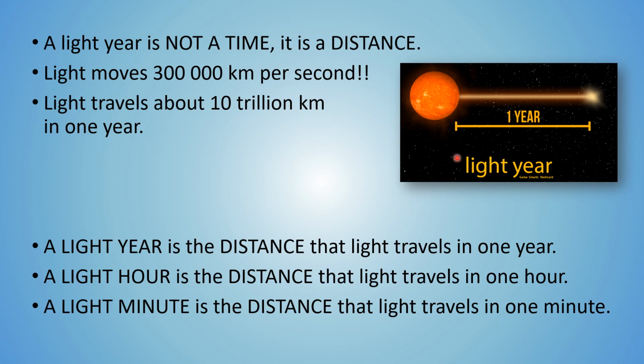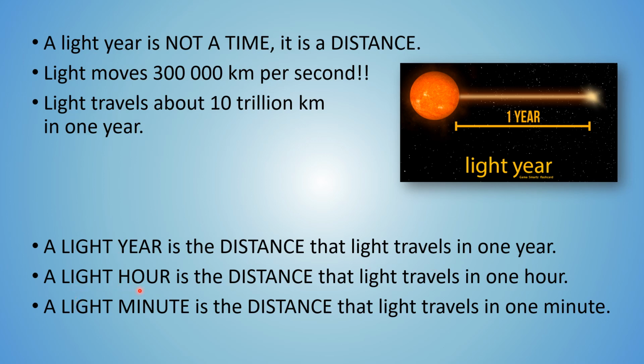That is a light year. But we don't like to work with the 10 trillion kilometers. We just call it a light year. So very important, a light year is the distance that light travels in 1 year.